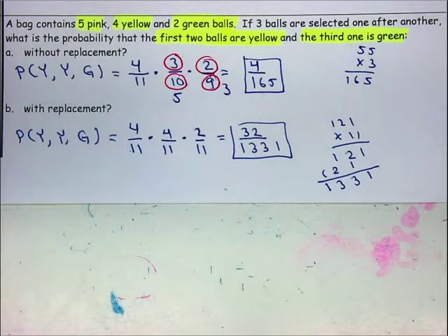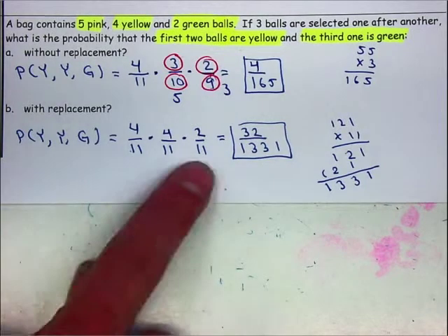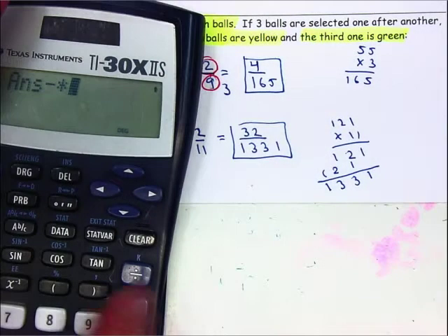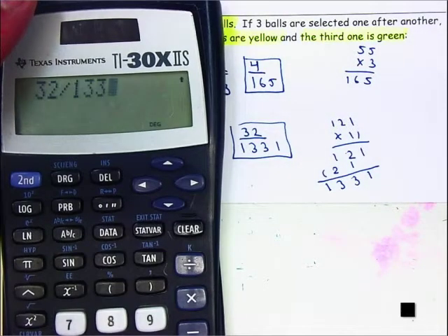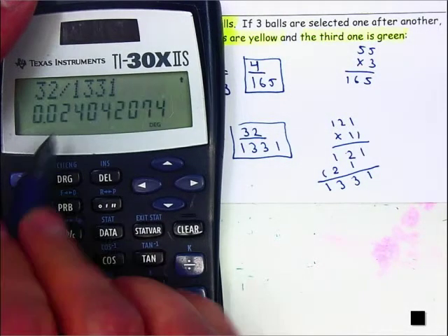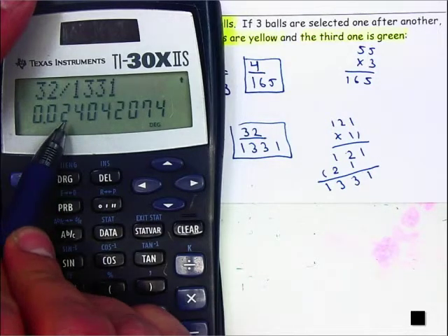And that's the probability. Now, if you need to convert it into a decimal, then you'll just type it into the calculator. That'll be 32 divided by 1,331. And your percentage will be about 2.4%.